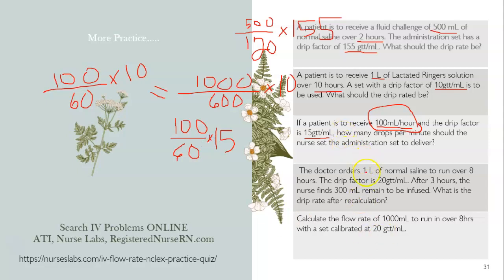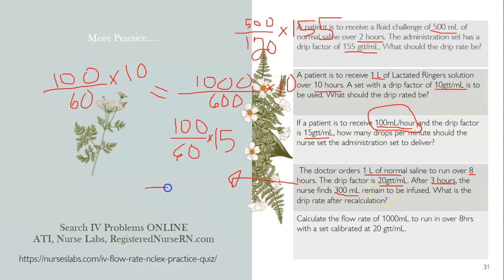And now you've got this little thingy. Now this is a little tricky because it's giving you extra stuff you don't care about, okay? Just consider it that the doctor ordered it as 1 liter of fluid to be given over 8 hours with a drop factor of 20, okay?